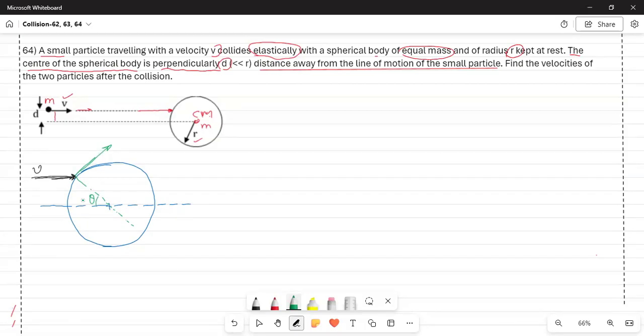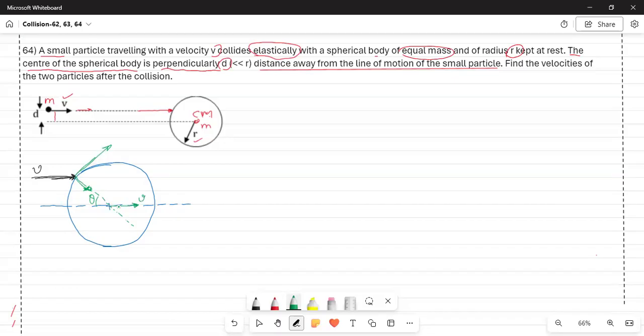In that case, this was v, because vector diagram I can draw anywhere.